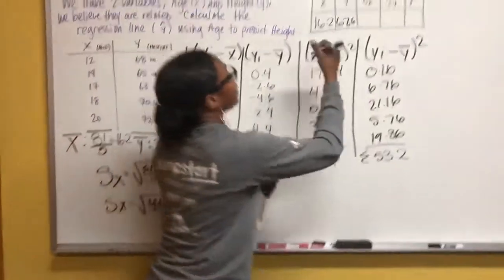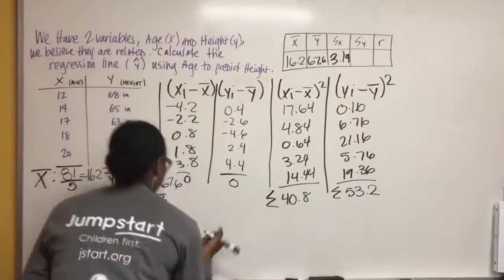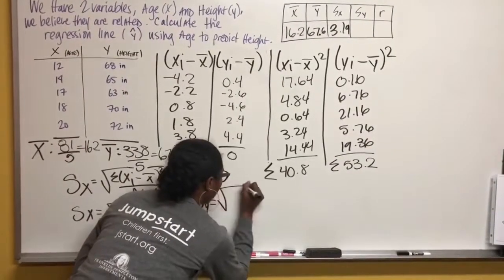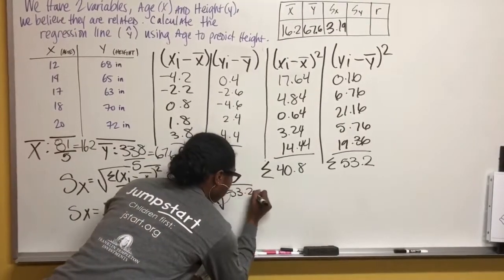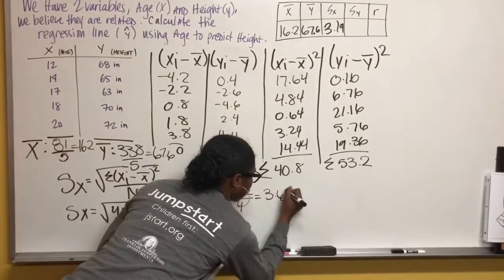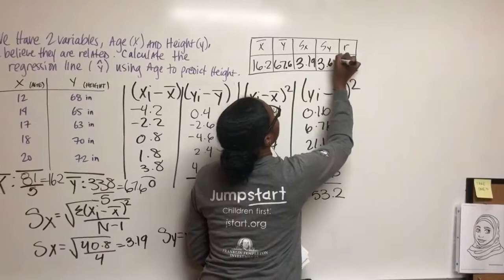So I'm going to plug that in our column and do the same for Sy equals the square root of 53.2 divided by 4, which gives us 3.64, and I'm going to plug that one into our column right here.